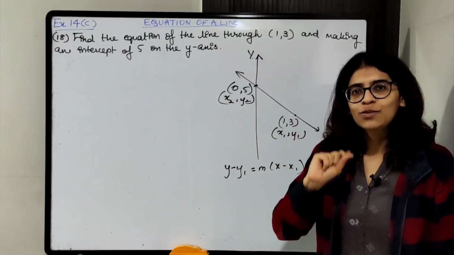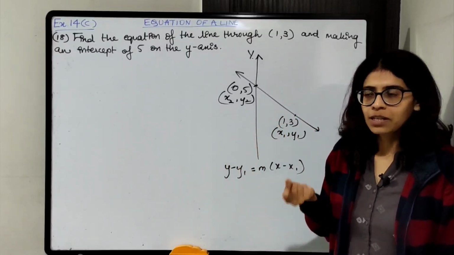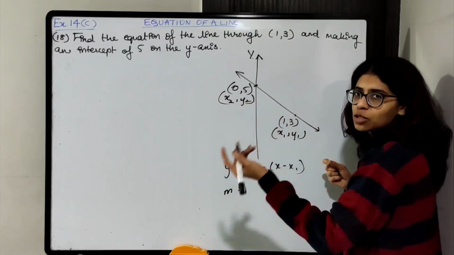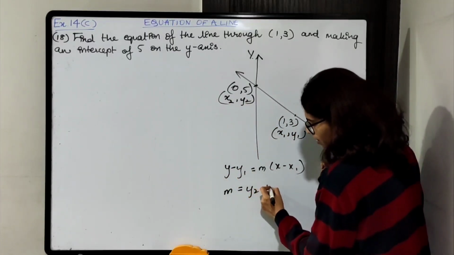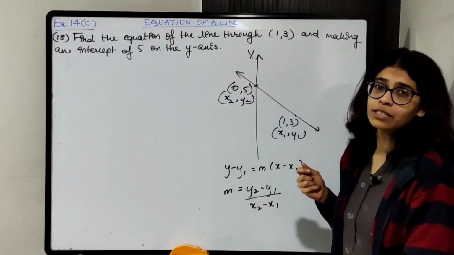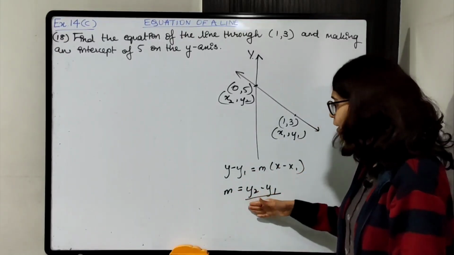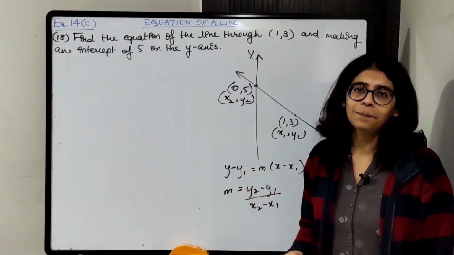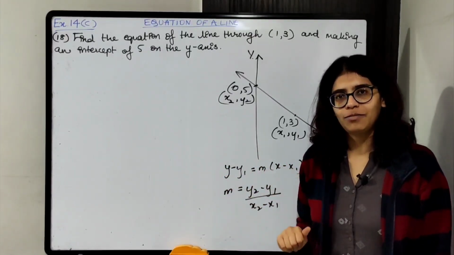So first find m, that is the slope. If you are given the coordinates of 2 points, slope is y2 minus y1 upon x2 minus x1, or y1 minus y2 upon x1 minus x2. Once you get m, just put the values of x1, y1 and m. You will get the equation of the line.